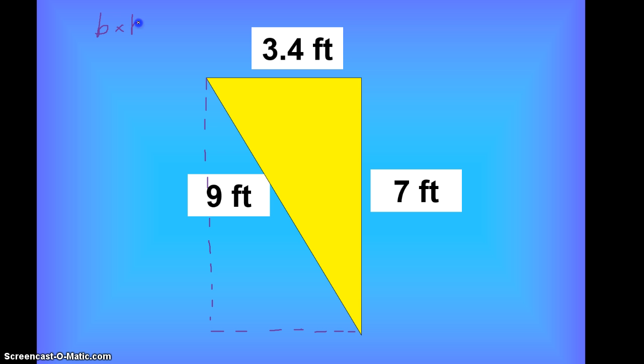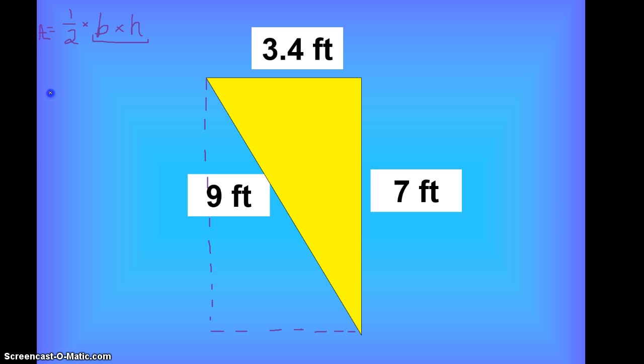But since a triangle is half of that, we're going to need to cut it in half. And on your formula sheet, it looks like this: 1/2 times the base times the height. But really what's going on is they're taking the base times the height and dividing it by 2, or cutting it in half. So whichever method you prefer in your calculator, it's really up to you.